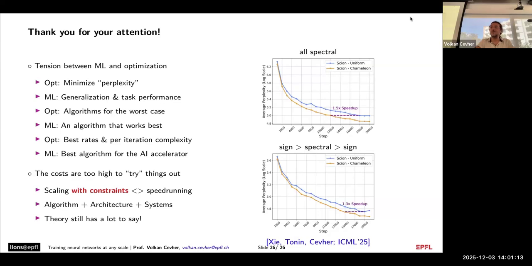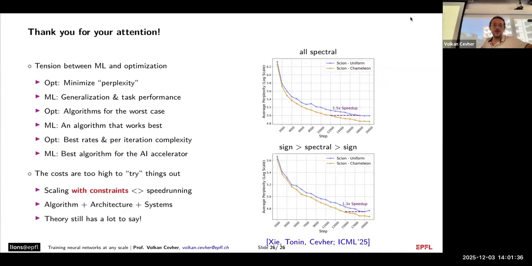Oftentimes, the system-level stuff, which I completely ignore, can make or break an algorithm. It doesn't matter if your algorithm is optimal, as long as you don't have the matrix multiplication Triton kernel, you don't care, right?